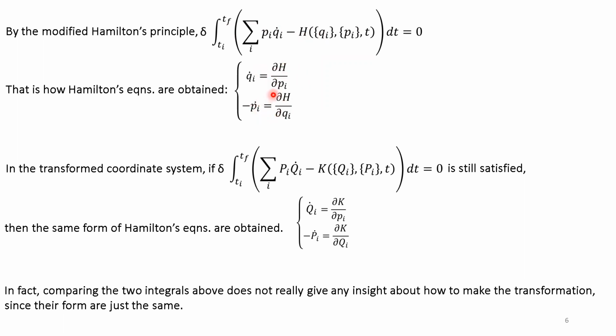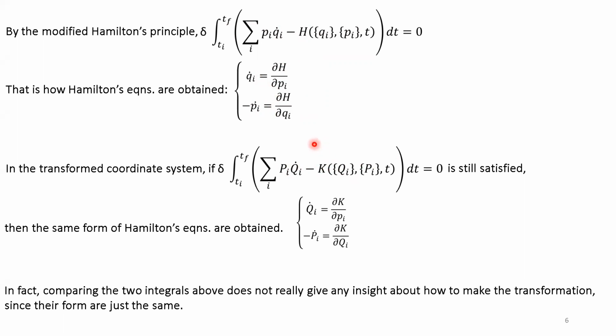Now if we want the form of Hamilton's equations to be preserved, that means, let's say I have done the transformation already. Then this will be my new coordinates, P and Q, and this is the new Hamiltonian.